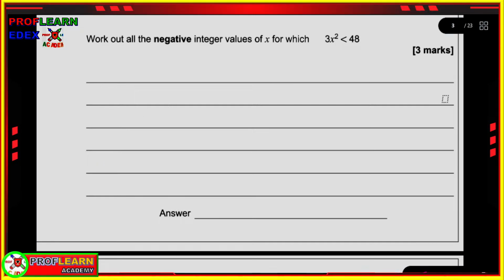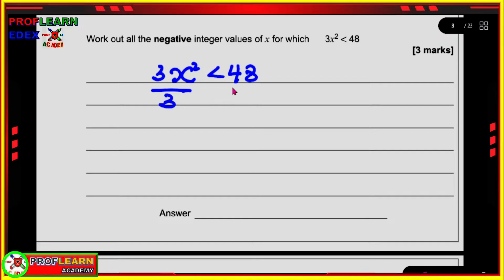So this we can write as x squared is less than 48 if I divide by 3.